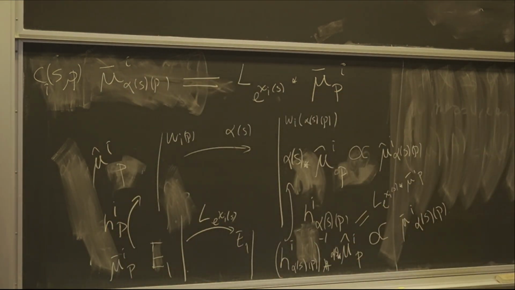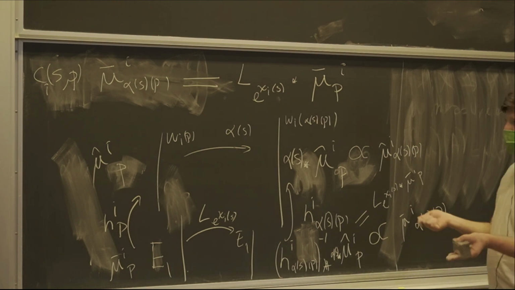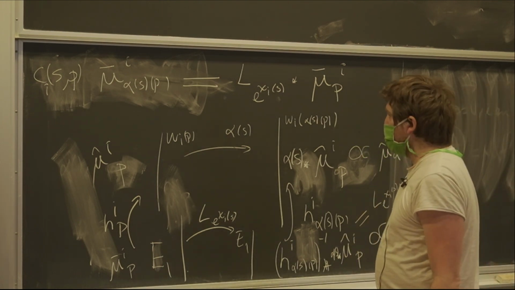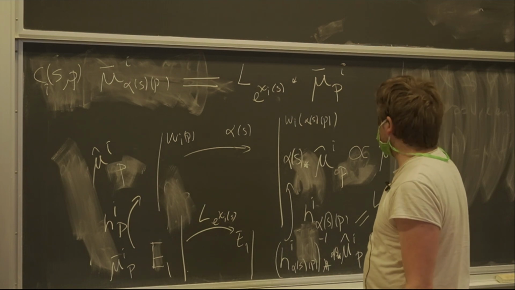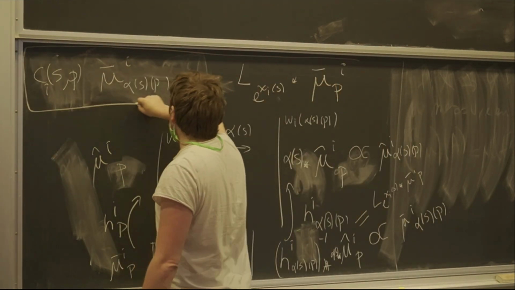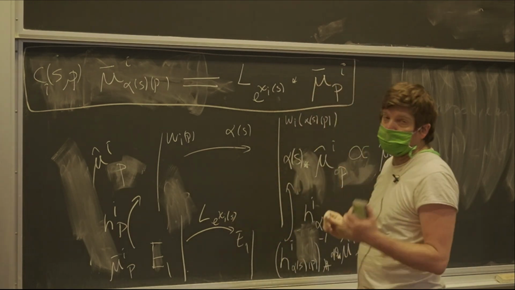Sorry for the mess, but you just need to follow the diagrams. And I put the constants where they should go, I guess. So yes, I have this family of Rudolph measures satisfying this property.